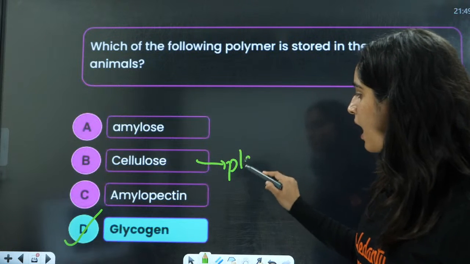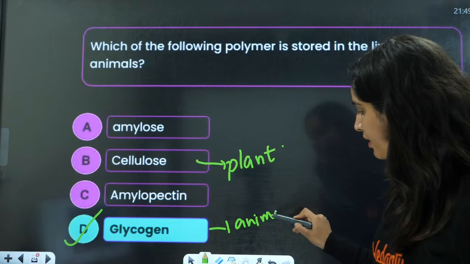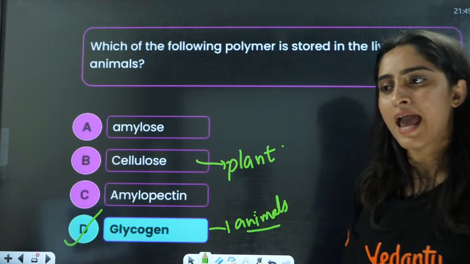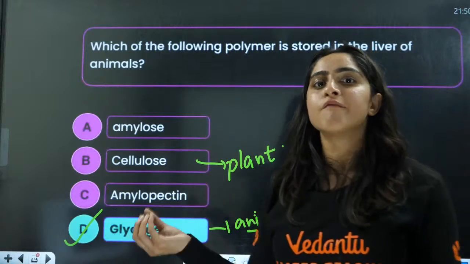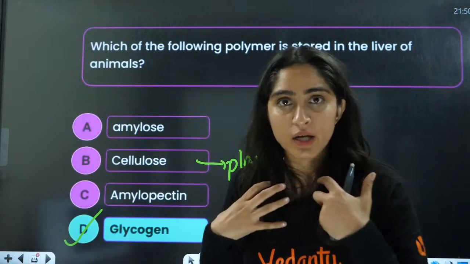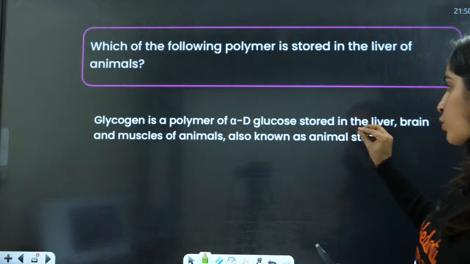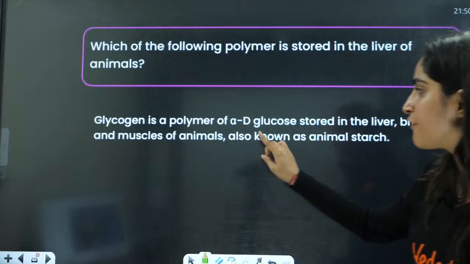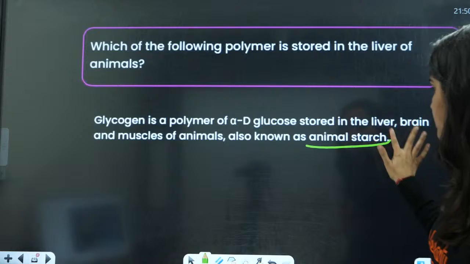Cellulose is in plants, and this is stored in animals, in the liver and so on. This is converted into glucose when we are in lack of energy. Glycogen is a polymer of alpha-D-glucose stored in the liver, brain and muscles of animals, known as animal starch.